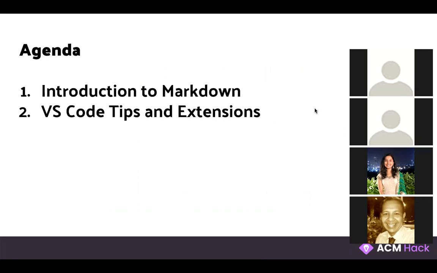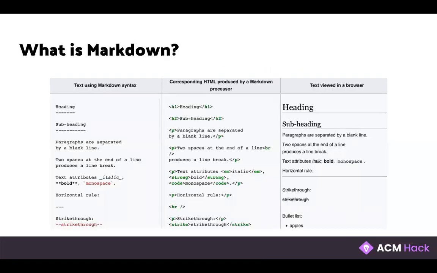So today we're going to talk about Markdown and VS Code. What is Markdown? Markdown is a markup language, which means that it's just text meant to be viewed by people, but it has some annotations to describe what the formatting should be. HTML is also a markup language. That's what the ML stands for. But it is not very readable.